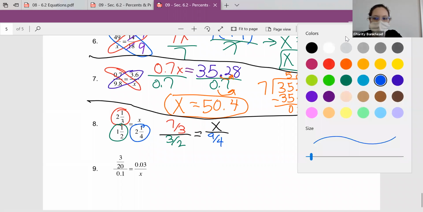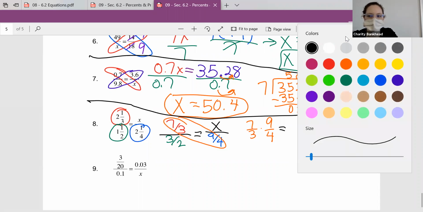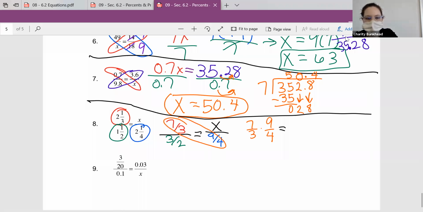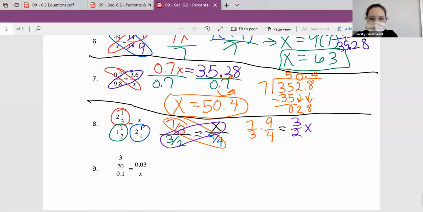Okay, and now I will cross multiply. So 7/3 times 9/4. I'm going to write that out. Equals 3/2 x. Okay, so 7/3 times 9/4. 3 goes into 9 3 times, so that turns into 21/4 equals 3/2 x.